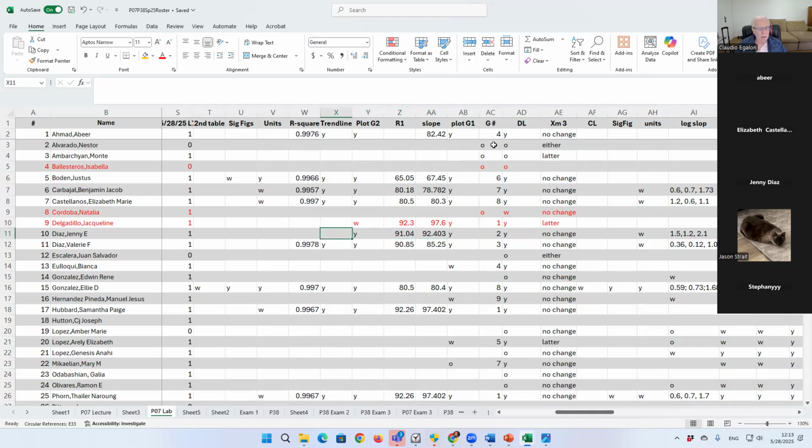Okay, did you plot graph number 2? Yes, you did plot, right? Did you get the trend line for graph number 2? Yes. Okay, and the R square as well? Yes. What was that? It's 0.9977. Okay, good. And what about your units? Did you work on that?